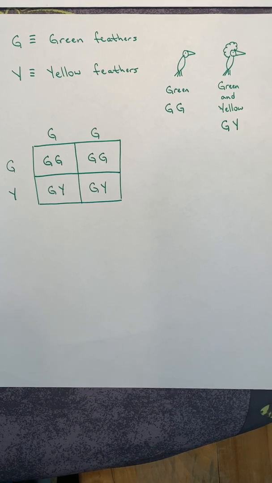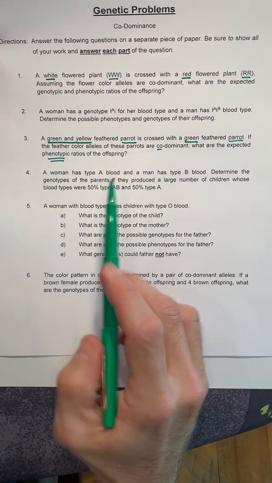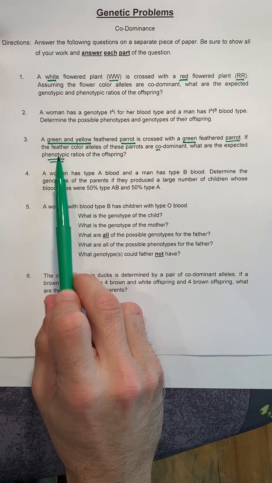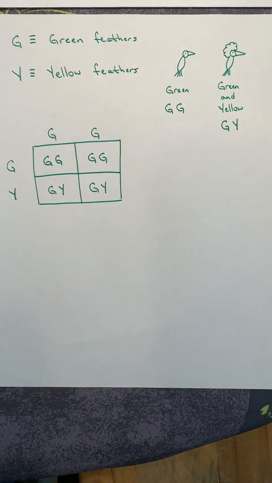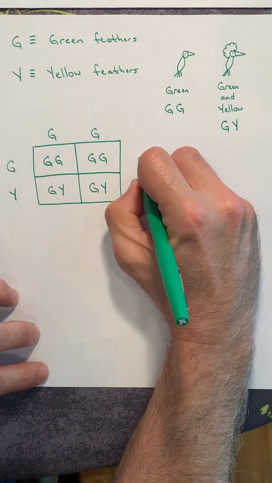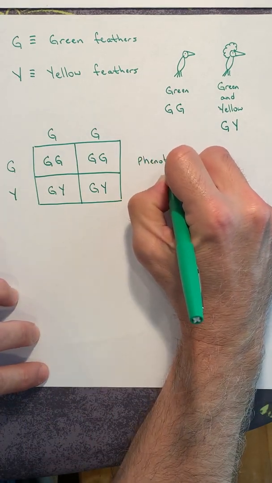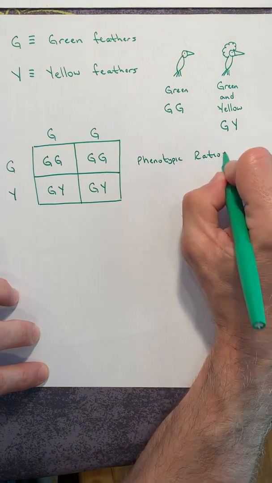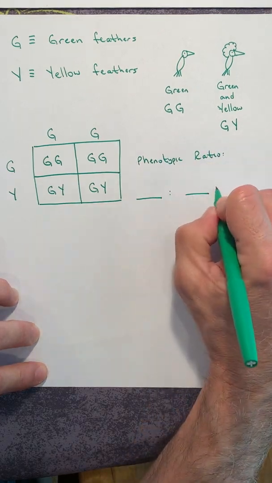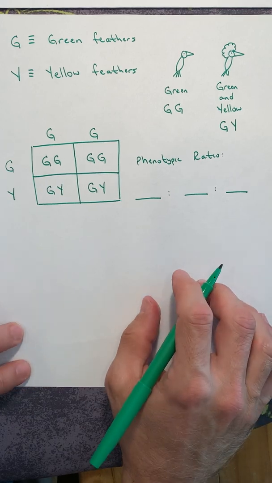All right, so then step 5, the problem asks for the phenotypic ratio. The problem doesn't ask for genotypic. We can do that. So phenotypic ratio. Three phenotypes.